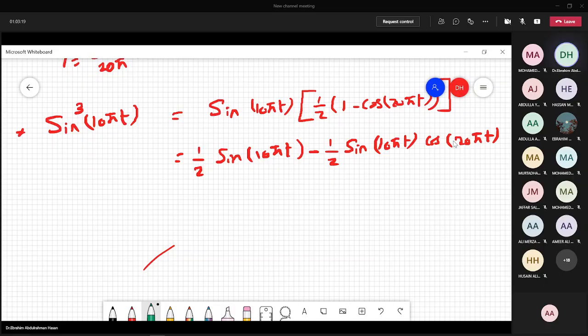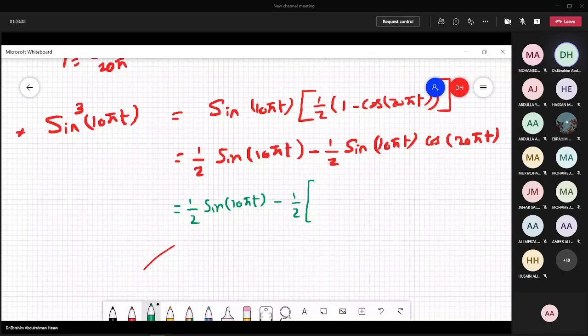Again, we need to linearize this one. Sine multiplied by cosine equal to what? What is sine multiplied by cosine? Minus half.